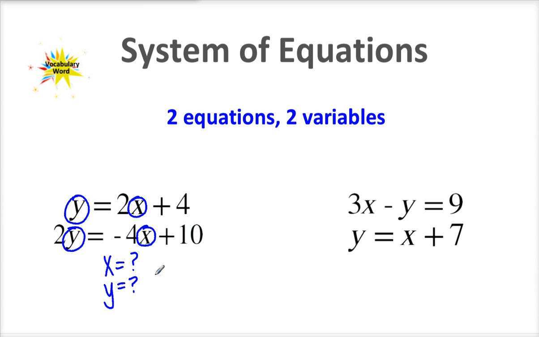So when I solve a system of equations, my answer will give me a value for x and for y. And when I plug these numbers back in for x and y in both equations, it will make each equation true. The same thing would be the case for this example.